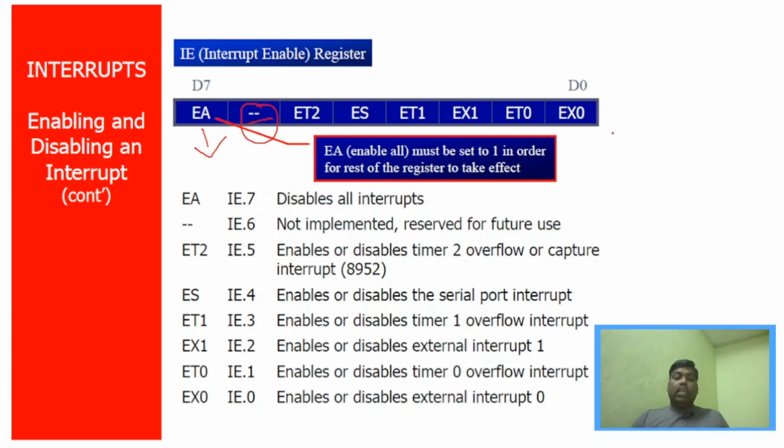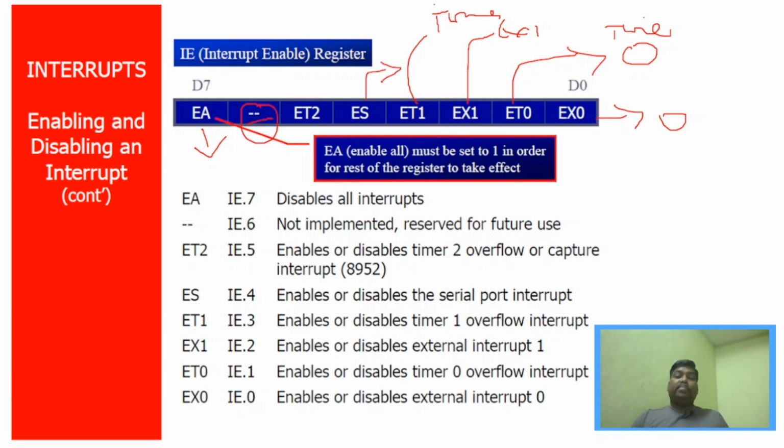What is EX0? EX0 is the external interrupt 0, INT 0. ET0 is the timer 0 interrupt. EX1 is external interrupt 1. ET1 is timer interrupt 1. And ES is the serial interrupt.